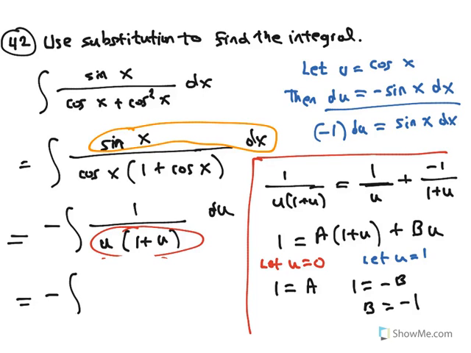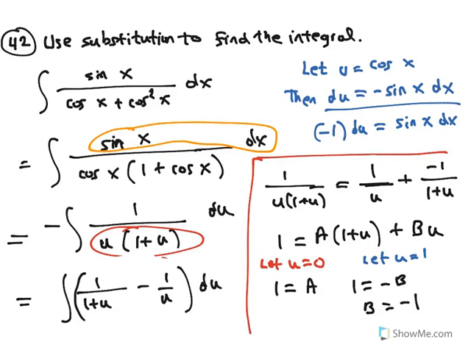So now we're able to replace the integrand with 1 over u minus 1 over 1 plus u. And if you like, you can now multiply by the -1 that was previously outside. And if you do that, then what we will have for the integrand is 1 over 1 plus u minus 1 over u.